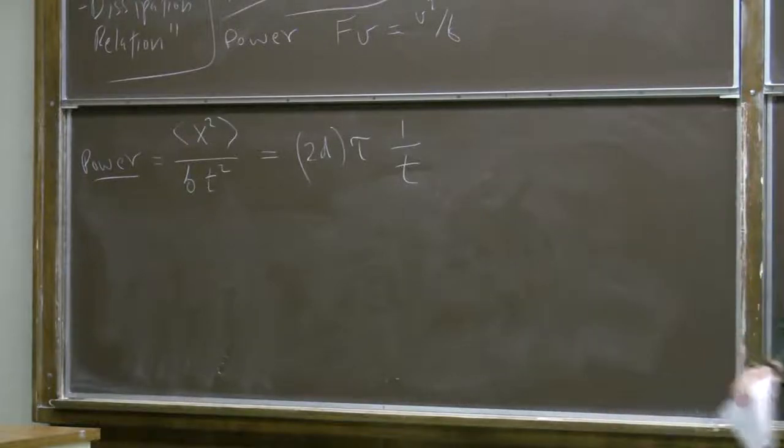So you can think of t as a characteristic time over which you're watching the motion of the particle, and the 1 over t is kind of like a frequency thing.